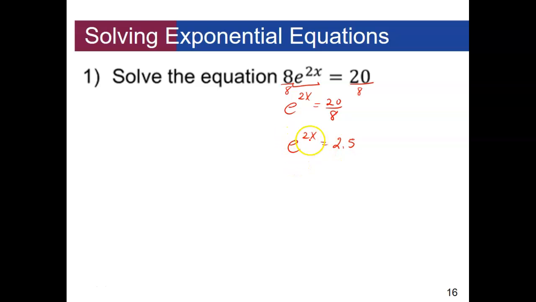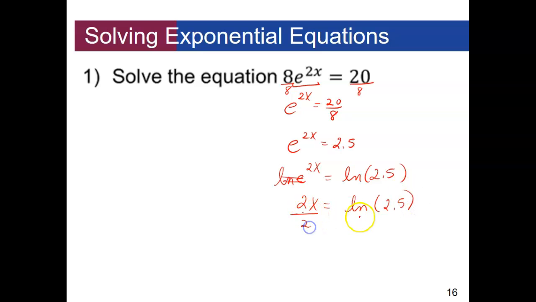So we want to get rid of this e so that we can bring the x down. So we're going to take the natural log of both sides. All right, so we know that ln and e are going to cancel, and we'll have 2x equals ln of 2.5.